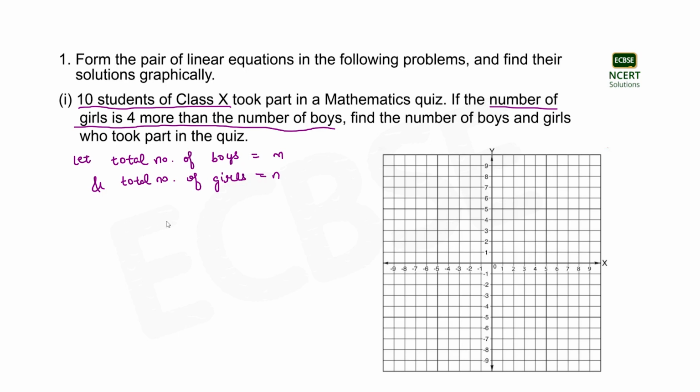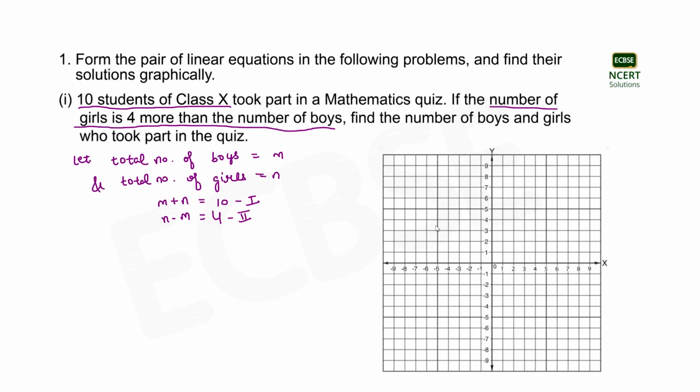And now as per the first condition, 10 students of class 10 took part in a mathematics quiz, means the sum of m and n will be equal to 10. And the second condition says that the number of girls is 4 more than the number of boys, means n minus m will be equal to 4. So here we obtain two linear equations from the problem given in the question.